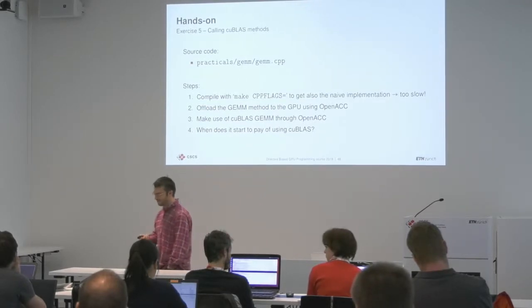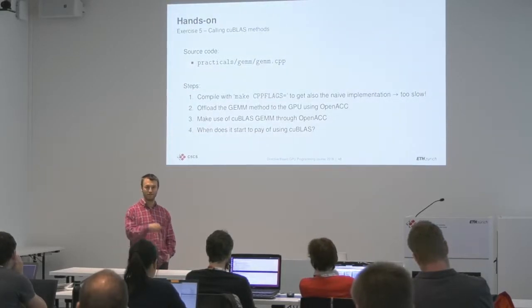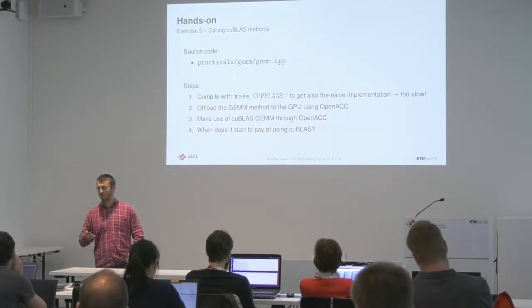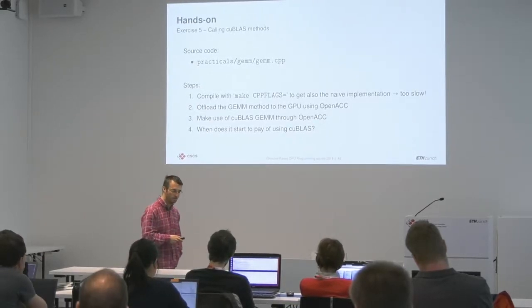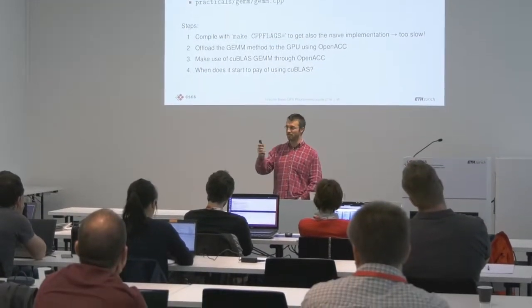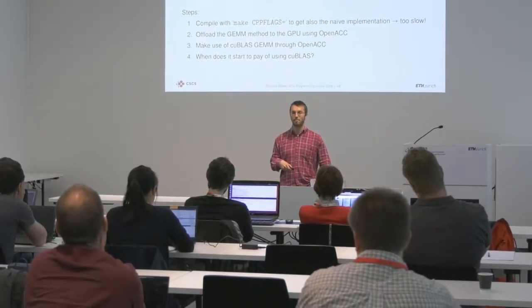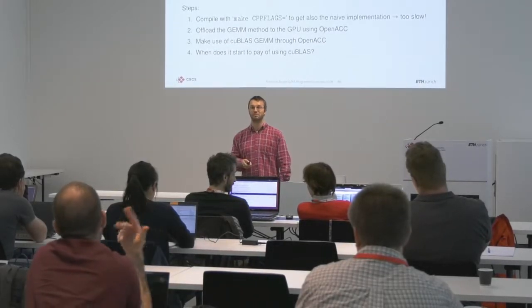So let's take it the other way. The matrix vector kernel. You have a matrix, and for each line of the matrix, you multiply it with a column. How many times do you go over the elements of the matrix in a matrix vector kernel? Once.